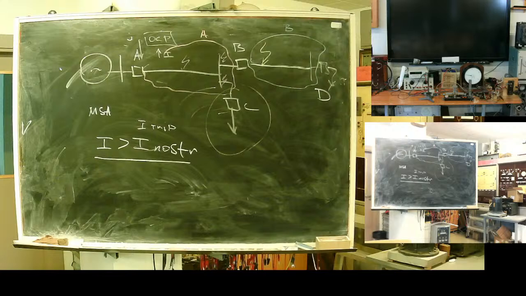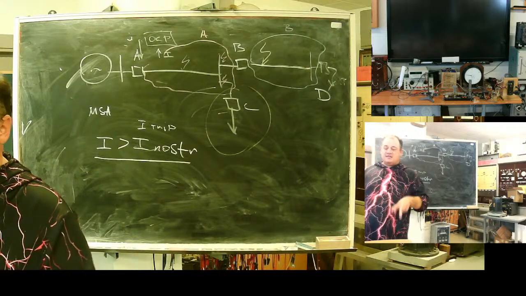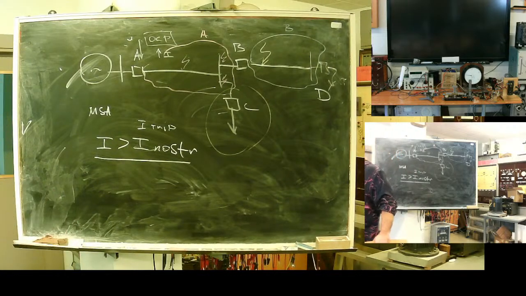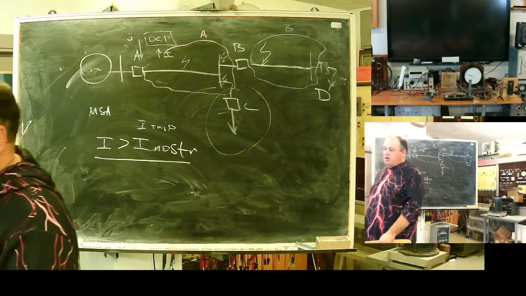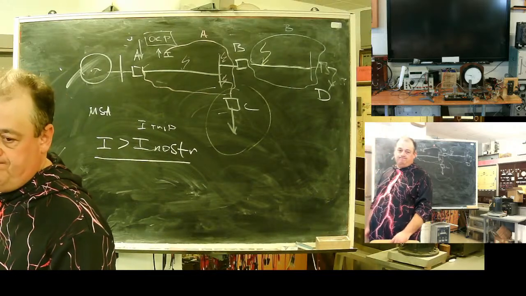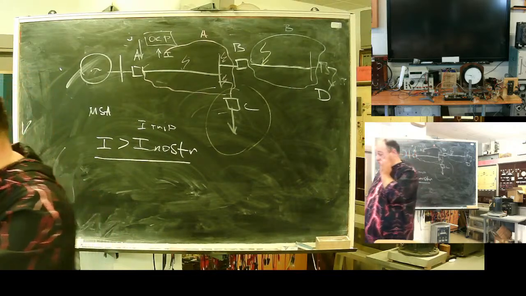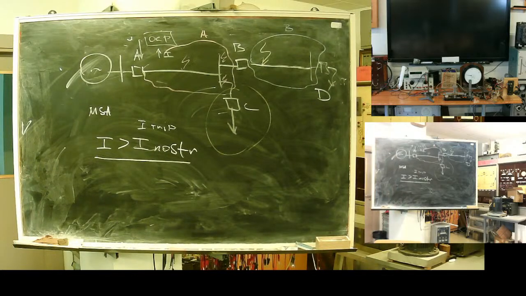So your protective device should be sensitive and selective. That's two. Two more criteria. It should be reliable. The power system operates 24/7. Your device should be able to operate safely.